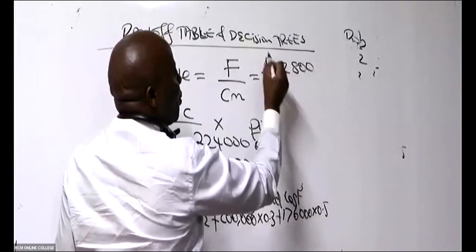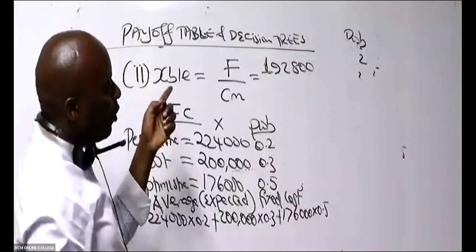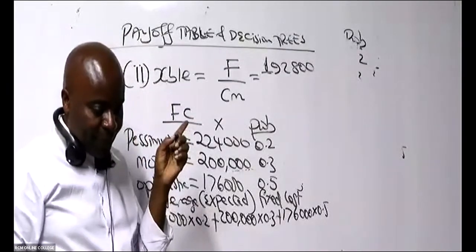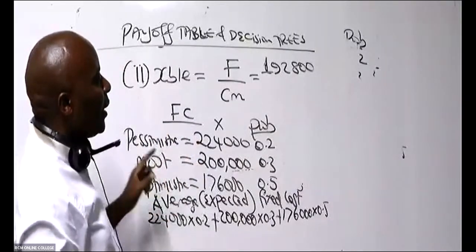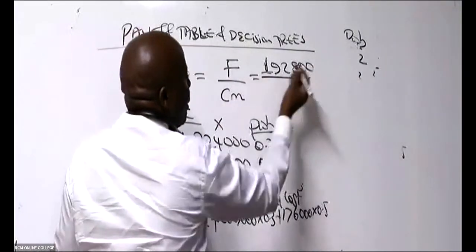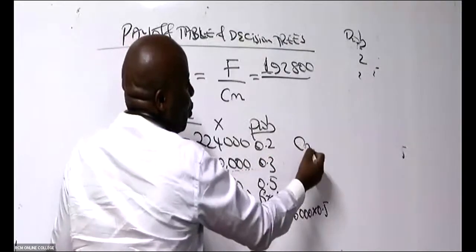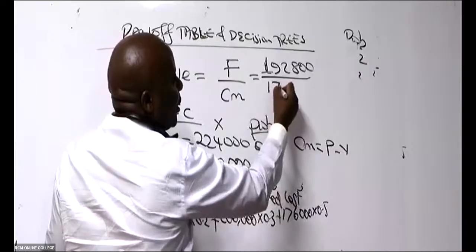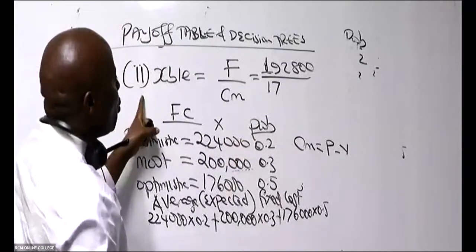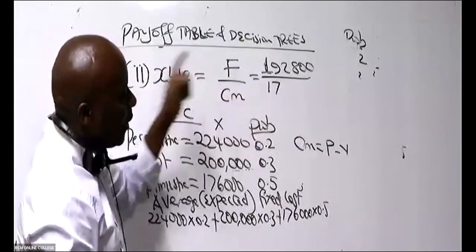Especially the guys who are complaining, have you seen how we got our fixed cost? Yeah. So then we go ahead and we get contribution margin. How do we get contribution margin? It is price minus variable cost. Price is known. In part 2, we chose a price of 17.